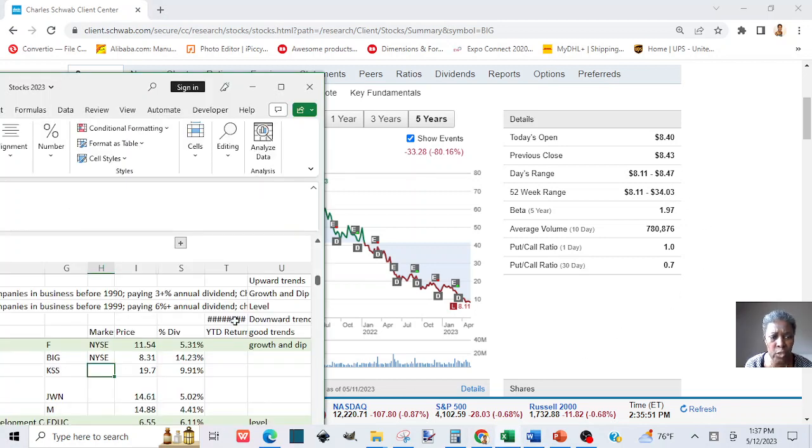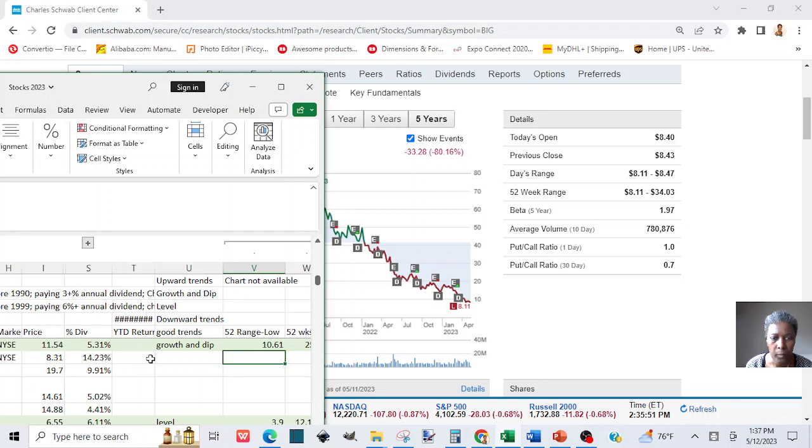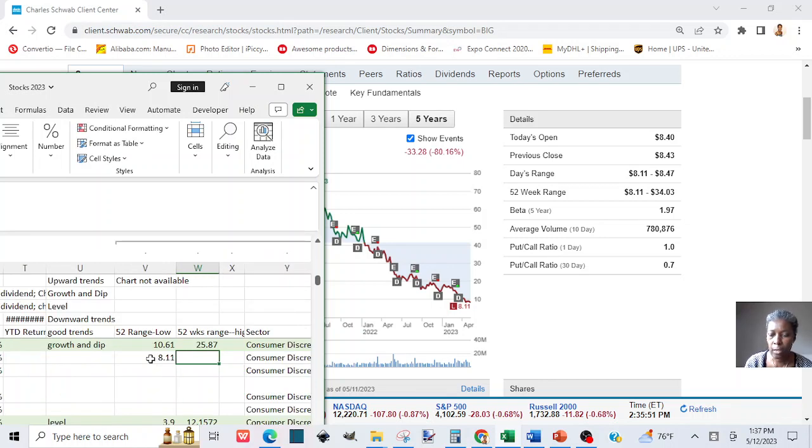So on your spreadsheet, you will put 8.11 and 34.03.